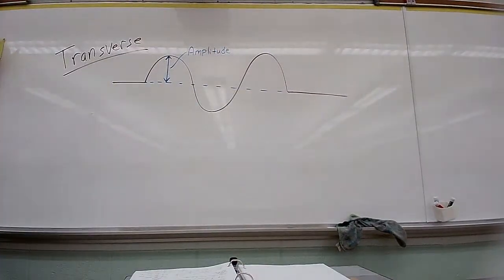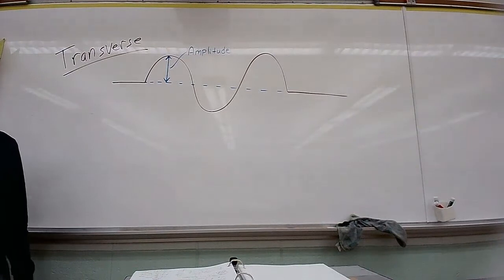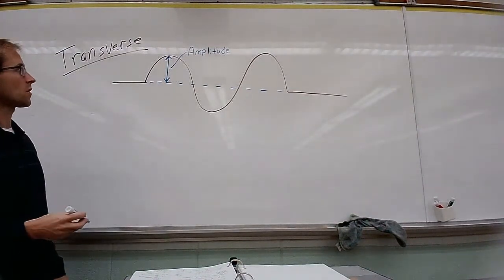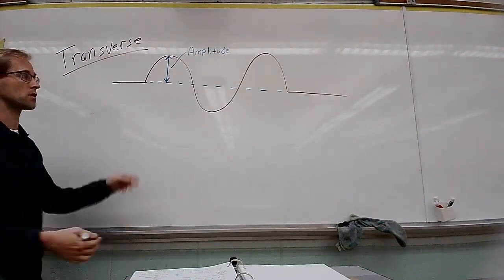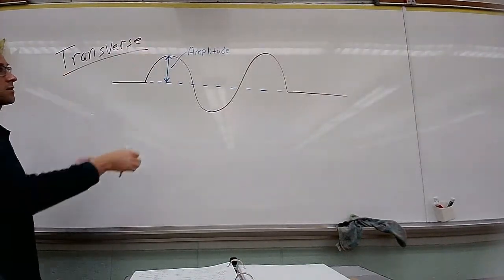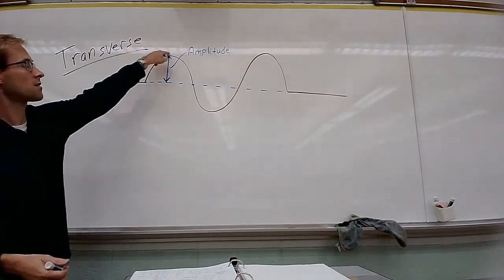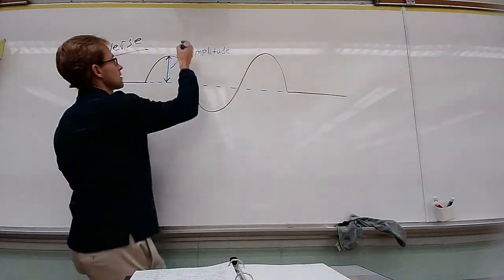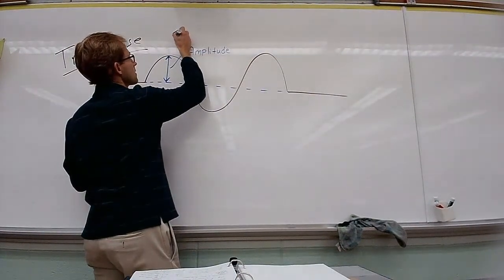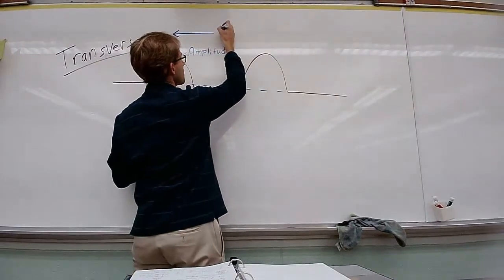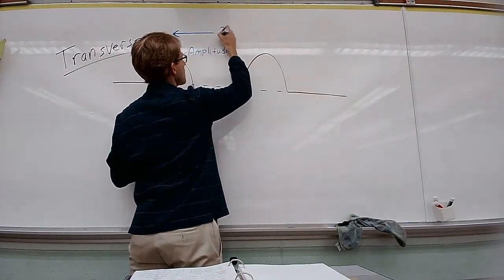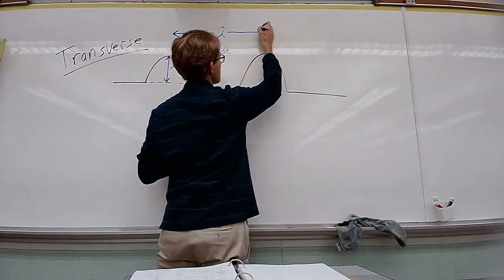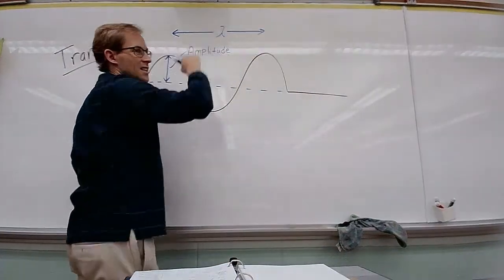I'll just go through the ones we mentioned first. One of the other ones you guys said was wavelength. Wavelength is just the distance between the two crests that we see here. So we've got this crest and this one. The distance between those two points is going to be known as a wavelength. Wavelength has an abbreviation that looks like this.